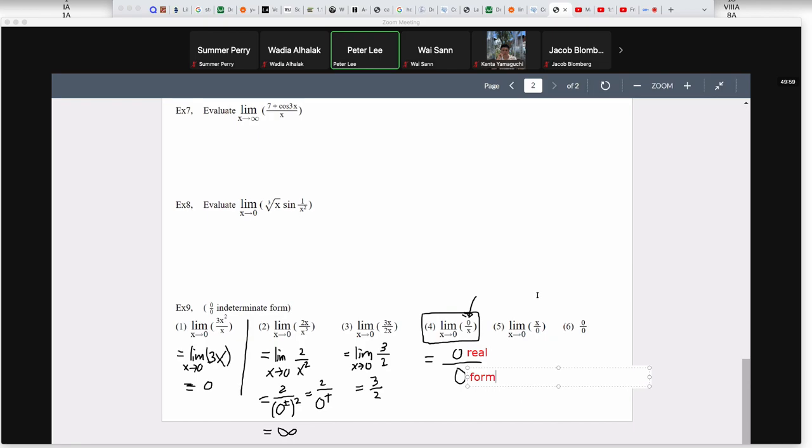So when you look at this example 4, note that the numerator 0 is actually a real 0. It's a real guy. It's not a fake guy. So when the real guys show up, what happens? Then you have no way to win. This is 0. It's not an indeterminate form. It's like this. You have x here, and we have 0 over x here.